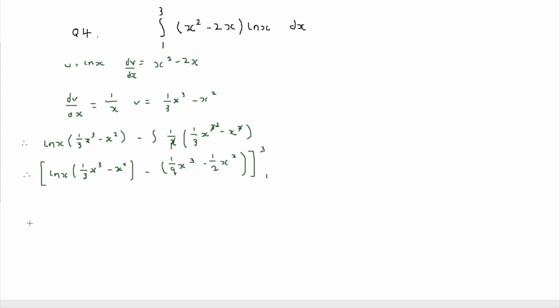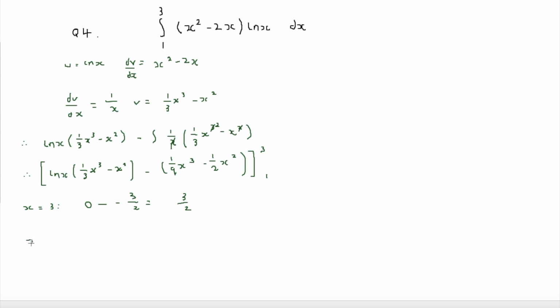And then if we let x equal 3, then a third x cubed minus x squared is going to be equal to 0. So we can say 0. Then we're going to have minus, and if we put 3 into a ninth x cubed minus a half x squared, what we're going to get is minus 3 over 2. So that's minus, minus 3 over 2, which is equal to 3 over 2.